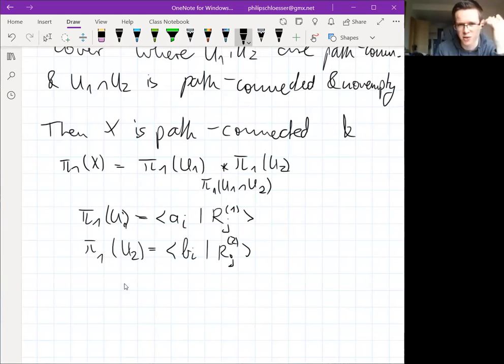How exactly did you write that pi1 of U1 cap U2 here? Is it under the star? Yeah, it's supposed to be under the star, like we did with tensor products.